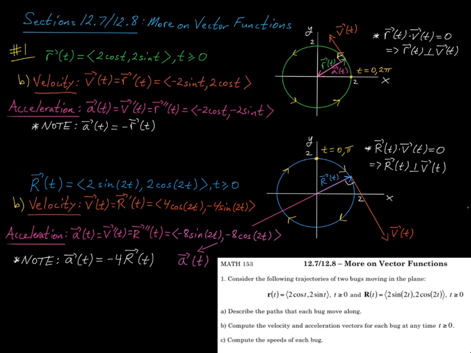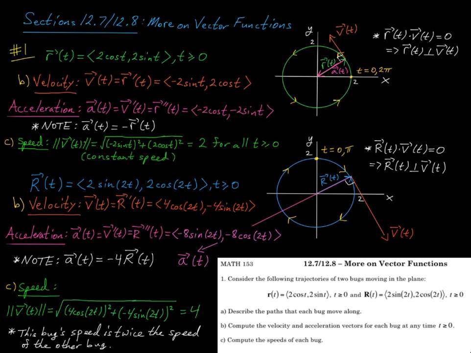Great. All right, and then last up is part C. It says compute the speeds of each bug. The speed by definition is the magnitude of the velocity. So for little r of t, computing its speed, I want to take the square root of the sum of the squares of the components of the velocity vector. That's negative 2 sine t squared plus 2 cosine t squared under a square root.